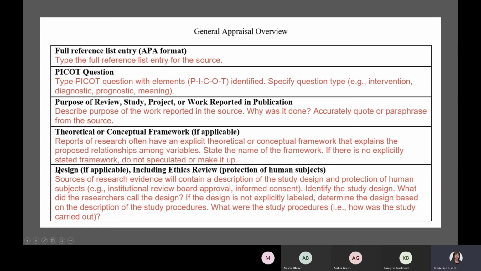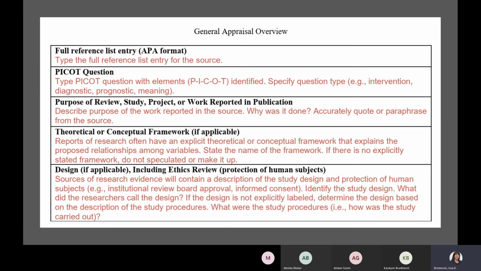And then design, if applicable, and the design is always going to be applicable for a report of a study. And you won't always see a section in a research report called design. Sometimes you will, but often the design is described in the methods or methodology section. Okay, and also include mention of human subjects protection.